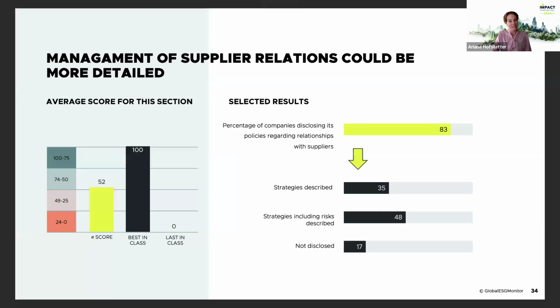Next topic, pretty new, but pretty good in the reporting. It's the management of supplier relations. So this is more detailed described in ESRS G1.12. And it says that a company must provide information on the management of its relationships with suppliers and their impact on the supply chain.